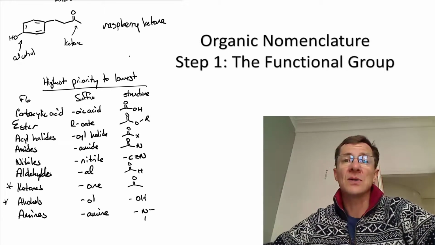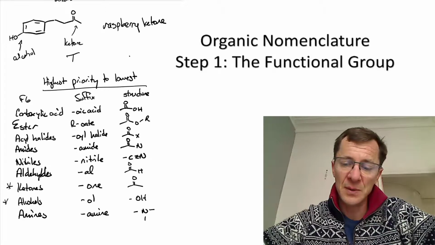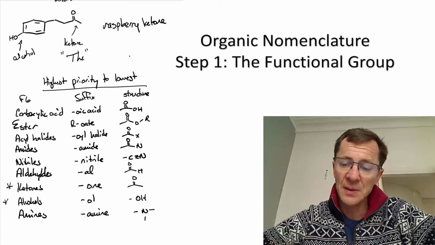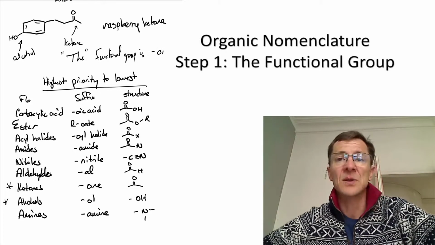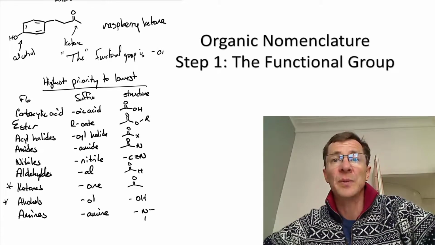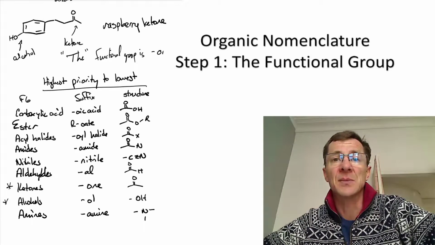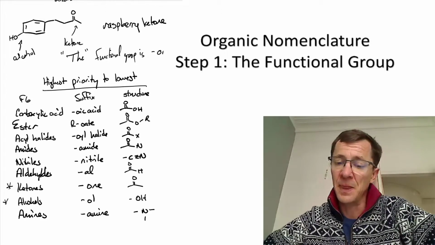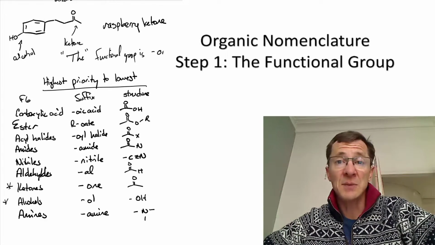Ketones are higher than alcohols on the list, and therefore the functional group is ketone. So the end of our molecule, the end of the name, will be -one. It is a butanone, actually, a phenyl substituted butanone, butane being 4 carbons. So that seems pretty straightforward.